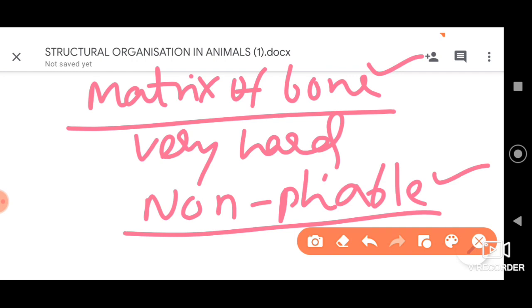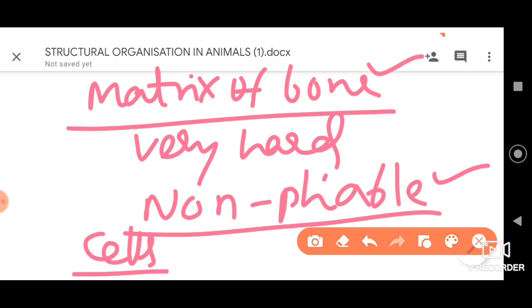So non-pliable here refers to tissue which is not flexible, which cannot be bent and which is hard. The bone tissue here is non-pliable, it is very hard, and it has the presence of many cells, well distributed.